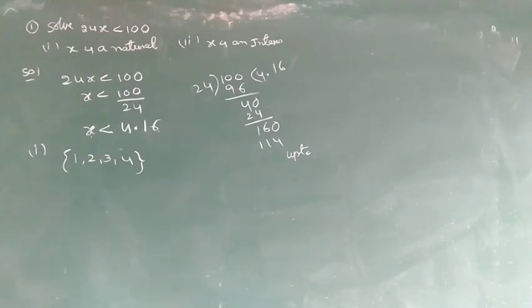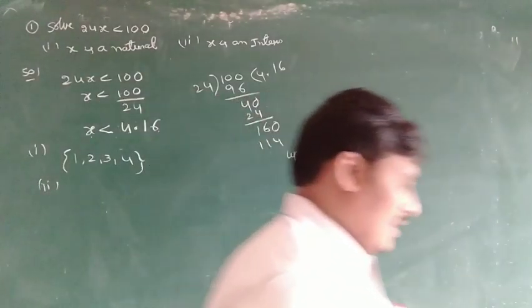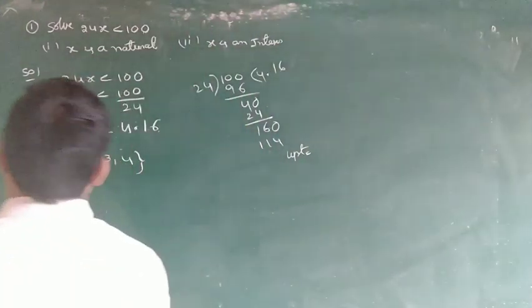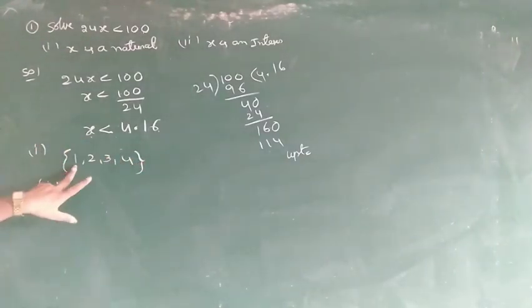Next, the second part: integers. The first part was natural numbers, 1, 2, 3, 4, which are below 4.16.